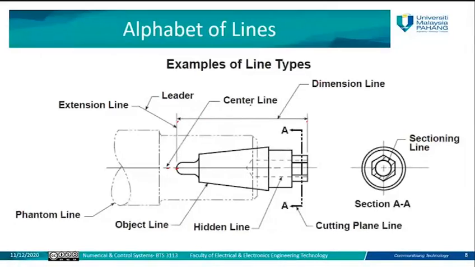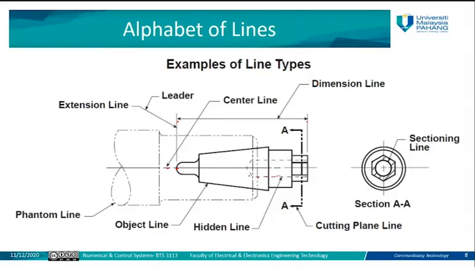We have a leader line, which indicates, for example, if I want to highlight the border of this product, so we have some type of line to highlight this. If we want to represent hidden lines in the form of a dash, this represents the hidden part which cannot be seen, for example, from the front view, the top view or the side view of the product.